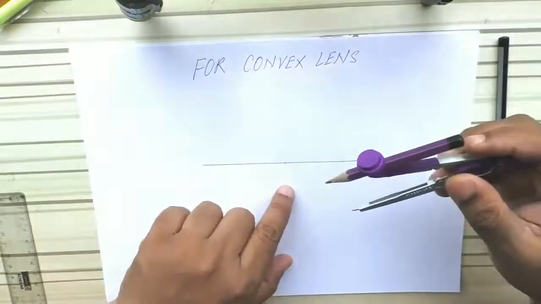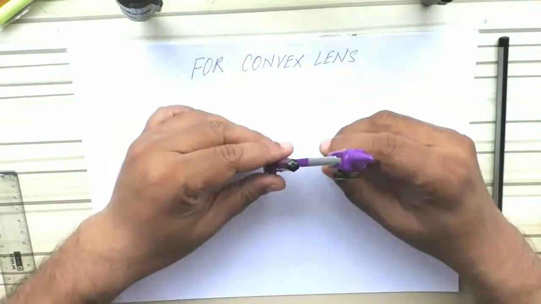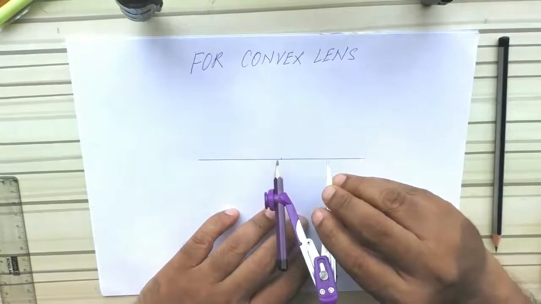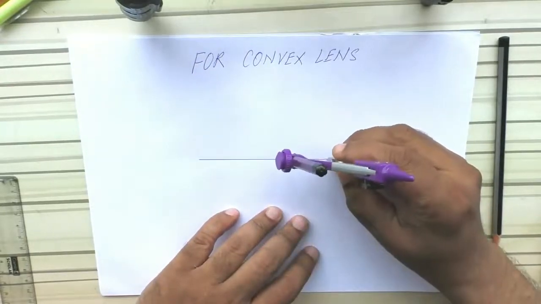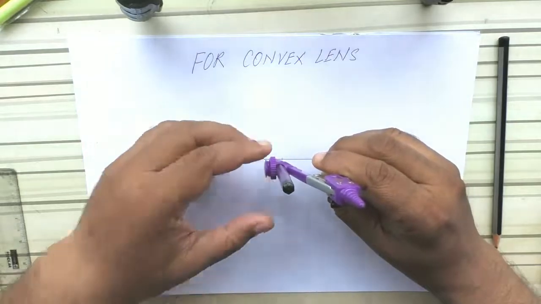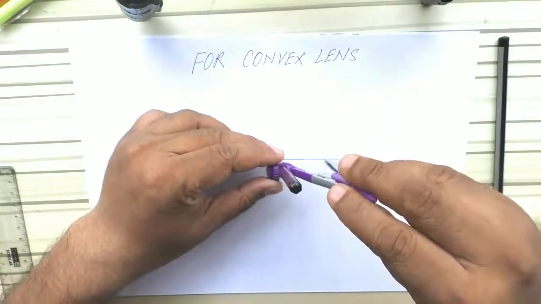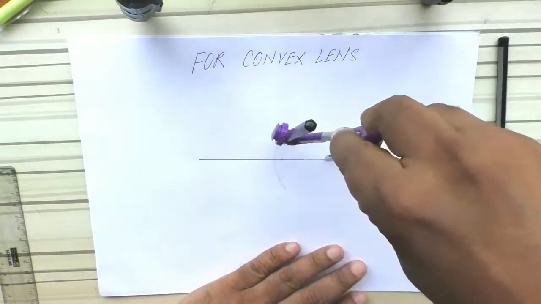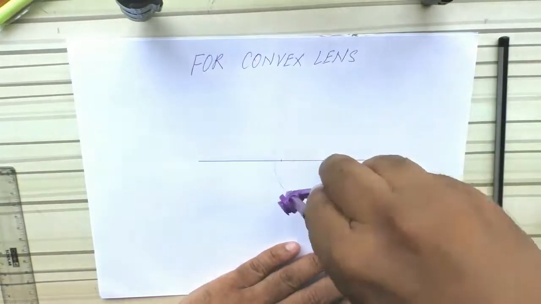So this is the center point, and from the center point, whatever is the thickness of the lens required, I have to decide that, like up to here. From that point I can draw one part of the lens.